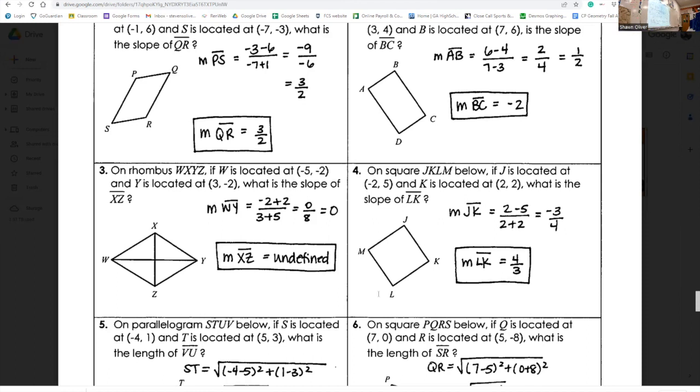Coach, do you flip it every time? No. You have to figure out what it's asking for to determine what you're doing. That's why it's important to first identify the shape, because the shape tells you what properties apply, and then read based on what they want.